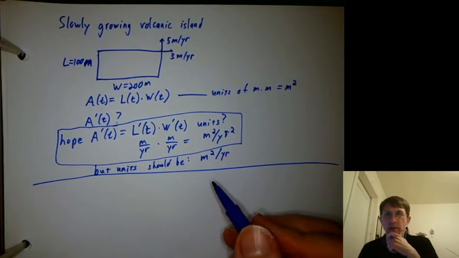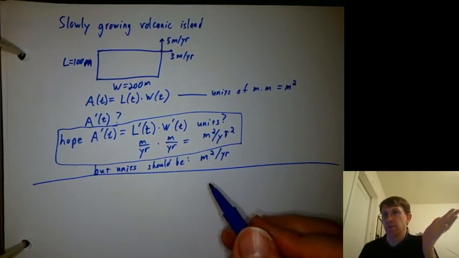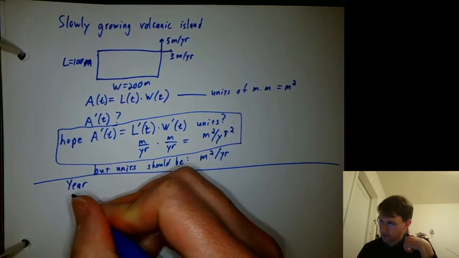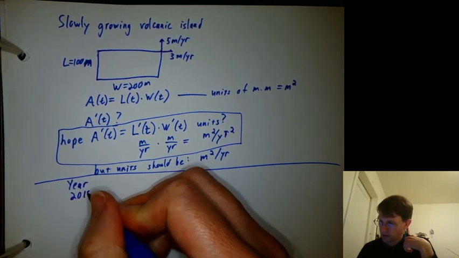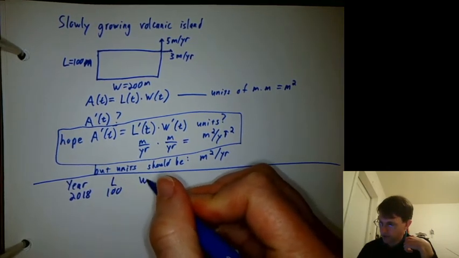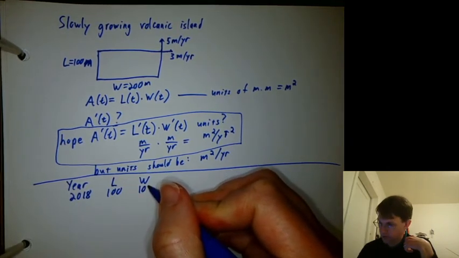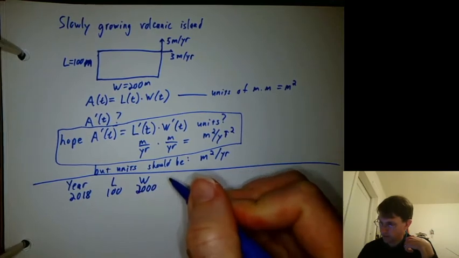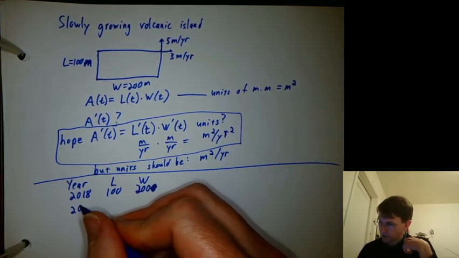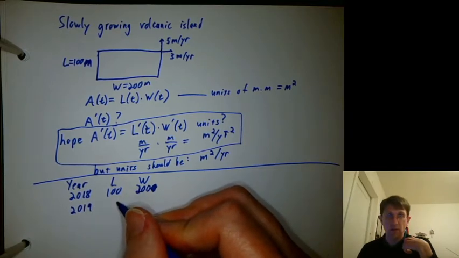Anytime I hear the words think harder, I think spreadsheet. Maybe you do, maybe you don't. But let's try laying it out as a spreadsheet. So let's say in the year 2018, the length was 100, the width was 200. In 2019, what would the length be?